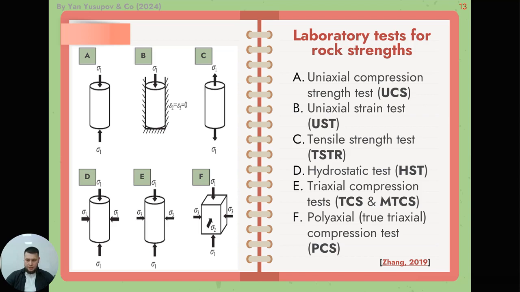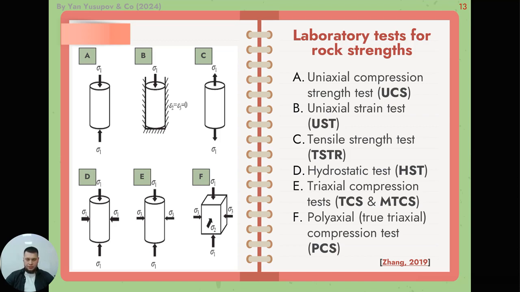The fifth test is the triaxial compressive test, TCS or MTCS, multi-stage triaxial compressive strength. In this test, the rock specimen that has a cylindrical form is compressed in both axial and lateral directions.